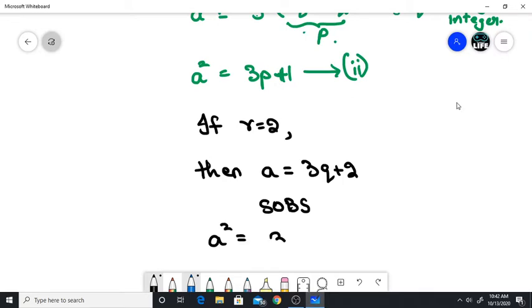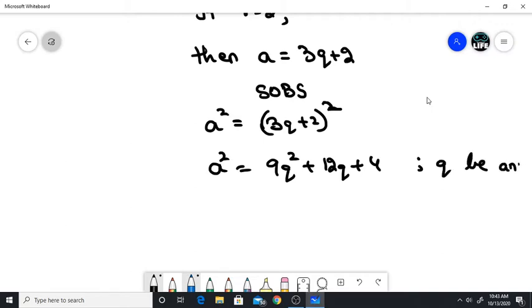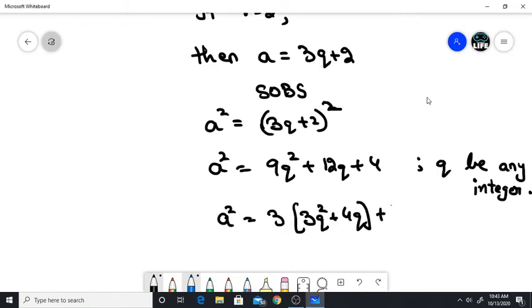A square equals to 3q plus 2 whole square, which is a plus b whole square, 9q square plus 12q plus 4, where q is any integer.